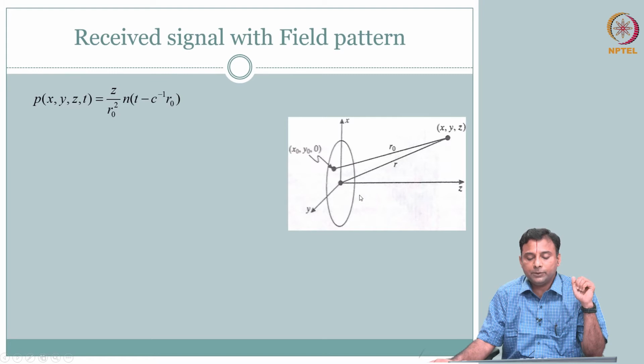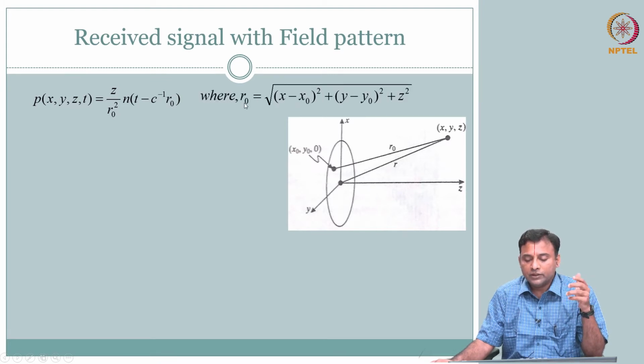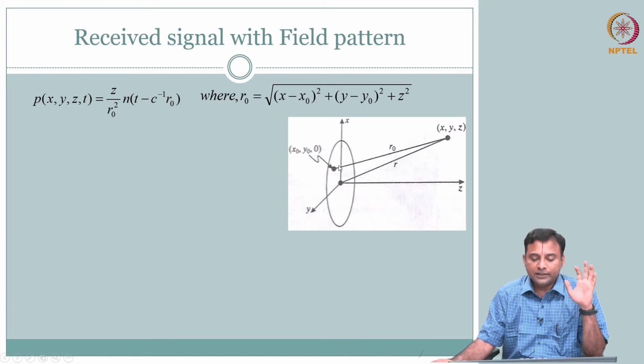Okay. So, that is what is experienced from a point. These are just giving you the dimensions. Okay, r naught is the square root of this term. Clear? This much is straightforward, because we know this is the pulse and the pulse has to travel, and at some location x, y, z, the pressure experienced will be the pulse that you sent.